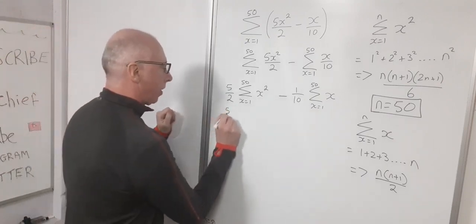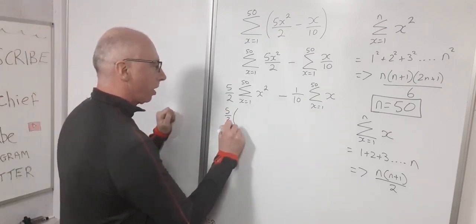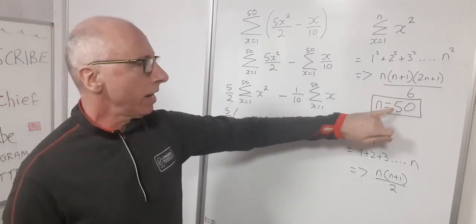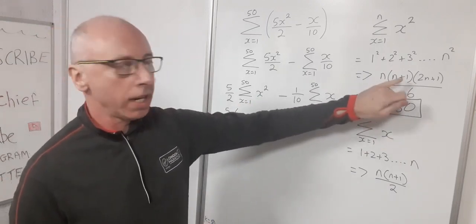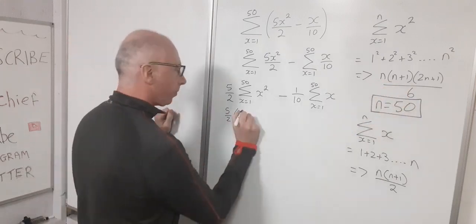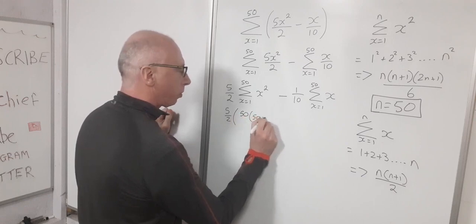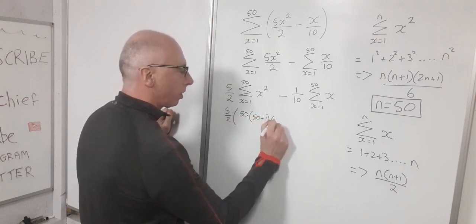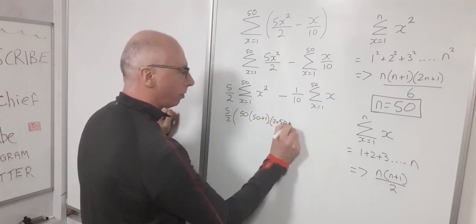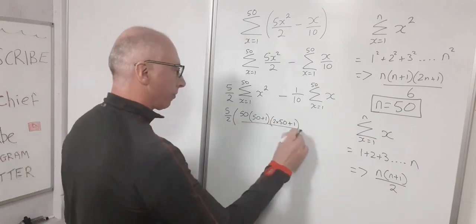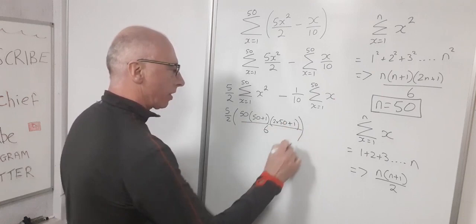So now we've got 5 over 2 times our x squared sum. Let's go straight into what our n is. n is 50, so where we see an n, just put a 50. So we've got 50 times 50 plus 1, times 2 times 50 plus 1, and then that's all divided by 6. So that takes care of that.